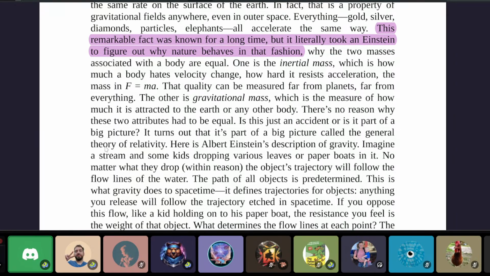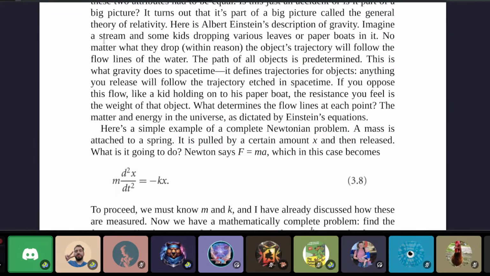It turns out that it's part of a big picture called the general theory of relativity. Here is Albert Einstein's description of gravity. Imagine a stream and some kids dropping various leaves or paper boats in it. No matter what they drop, within reason, the object's trajectory will follow the flow lines of the water. The path of all objects is predetermined.